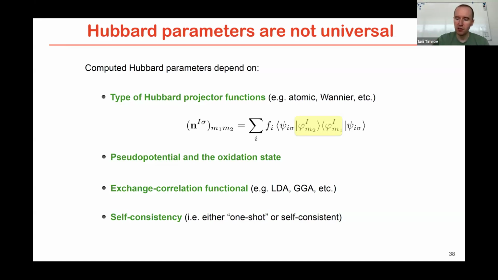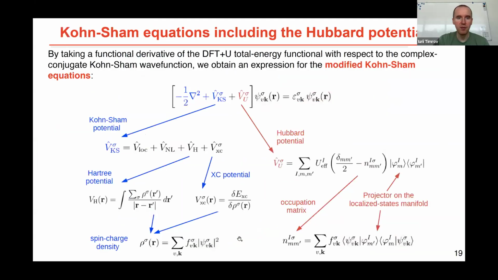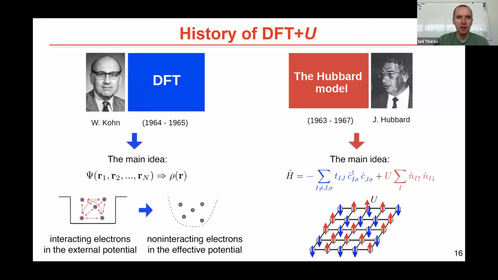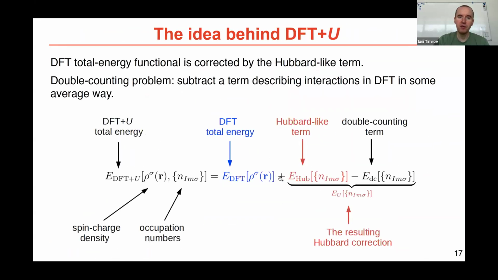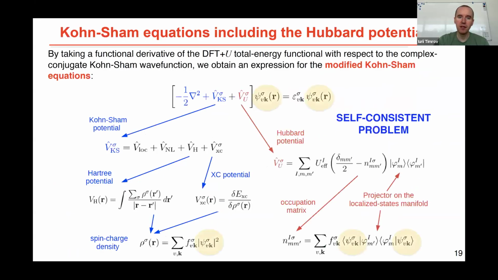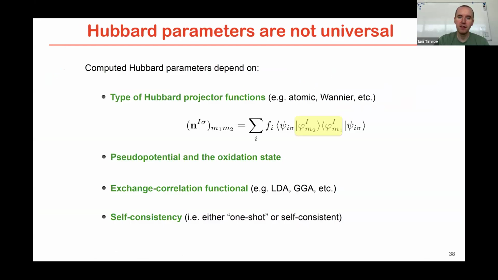Even more so, it will be different for different oxidation states of iron, because we have here iron 2 plus and 3 plus, and they will have different Hubbard U. So Hubbard U is really material dependent and oxidation state dependent and so on.